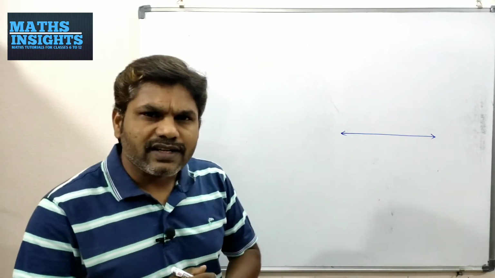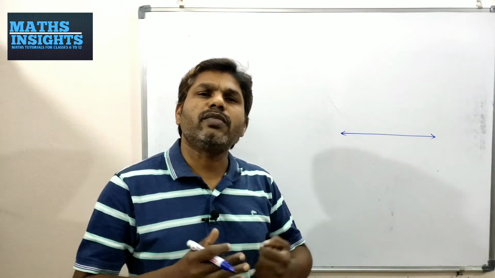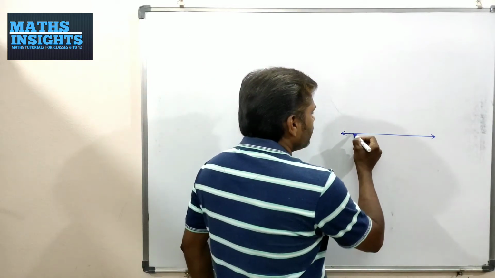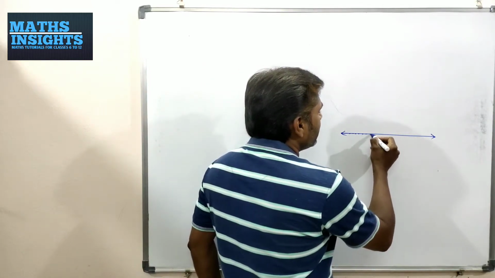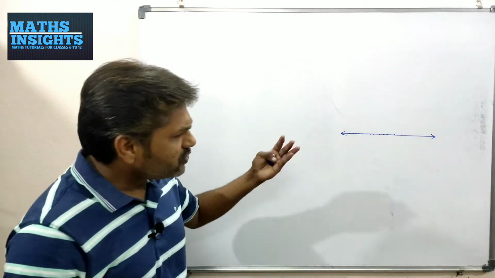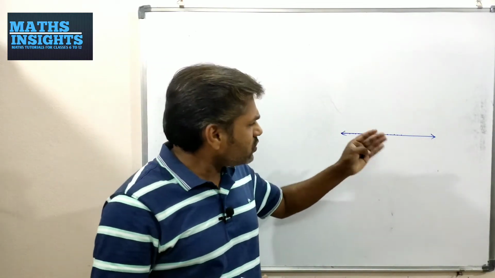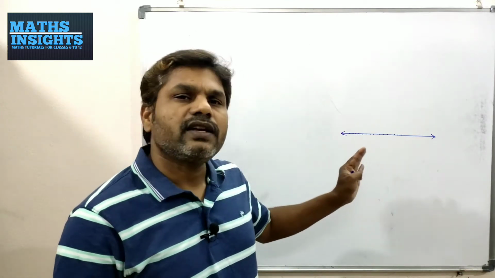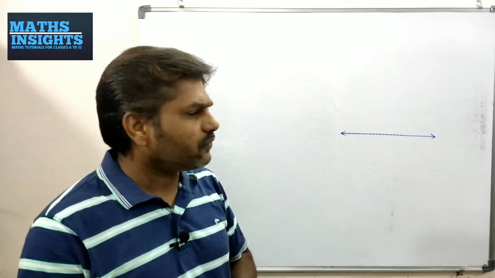Generally, the straight line is nothing but a combination of points. In this straight line, you may find an infinite number of points. If you join those points, then you will have a straight line like this.